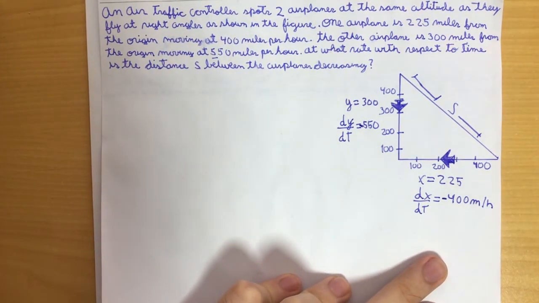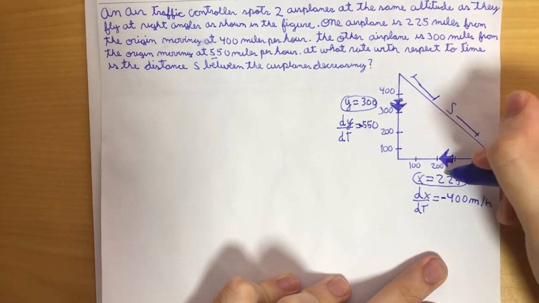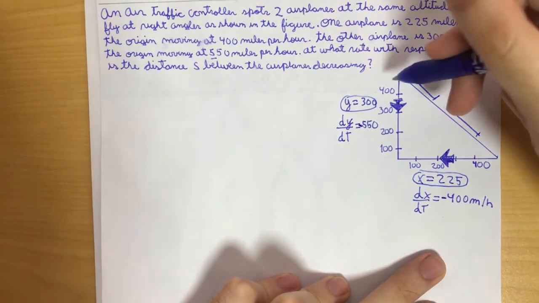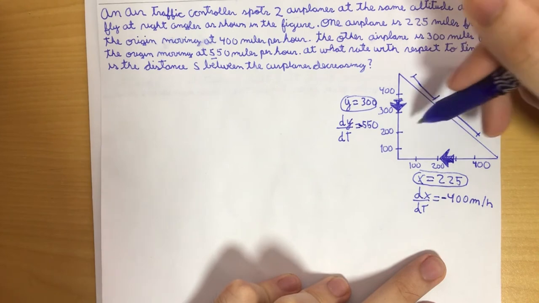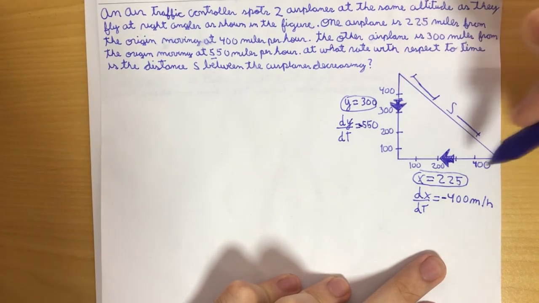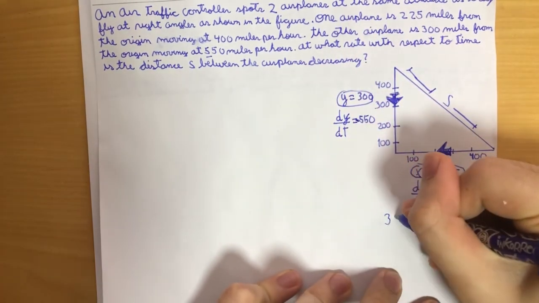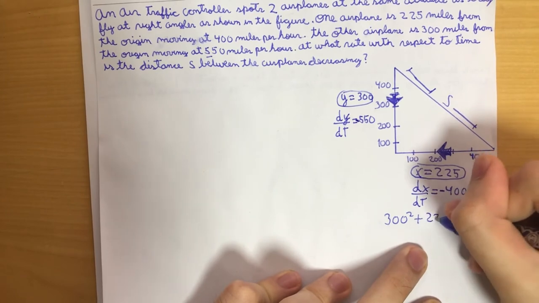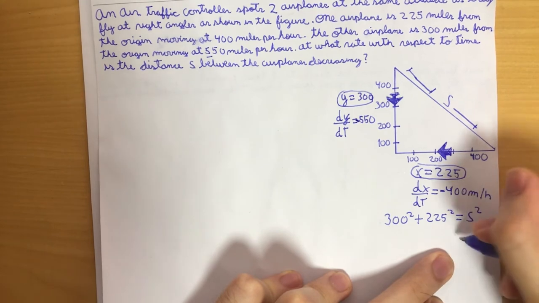So we have y and we have x, right? So we can get s, the hypotenuse, using the Pythagorean theorem, right? The sum of the sides squared is going to be equal to the hypotenuse squared. So 300 squared plus 225 squared is equal to s squared.